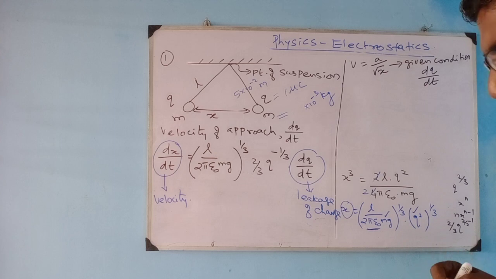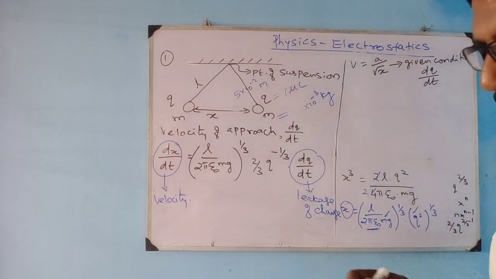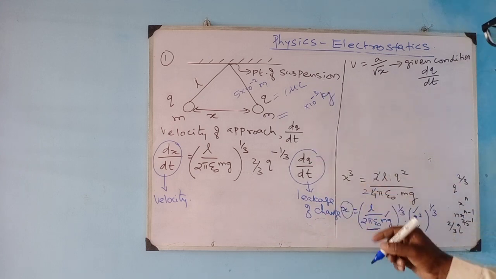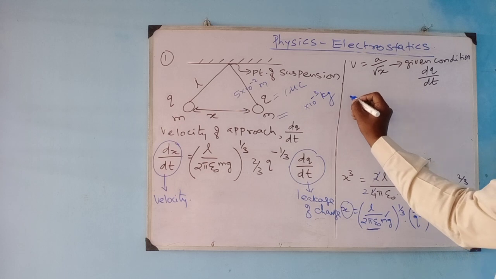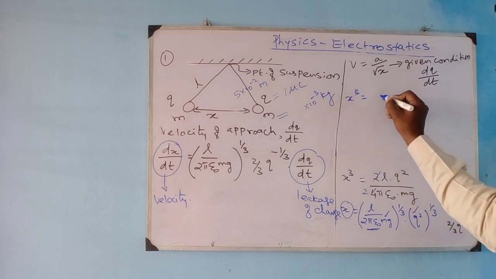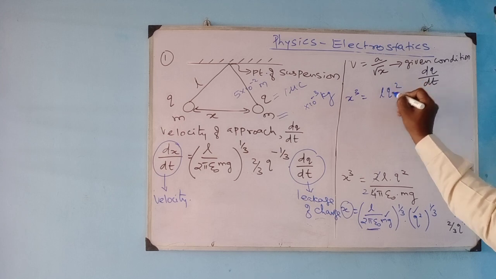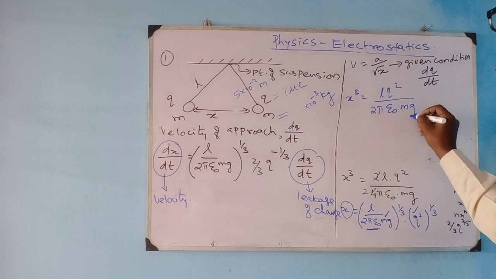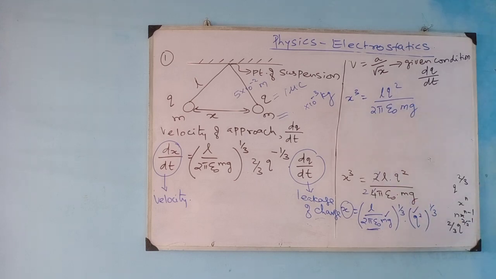How will you proceed with this? You can go through the steps from the beginning and arrive at this form: x cube is equal to L q square divided by 2 pi epsilon naught mg. So this is your x cube. What I am going to do now is differentiate this x cube.